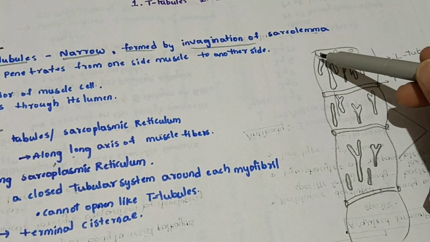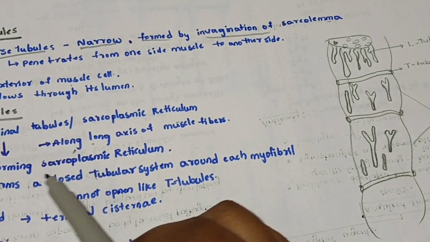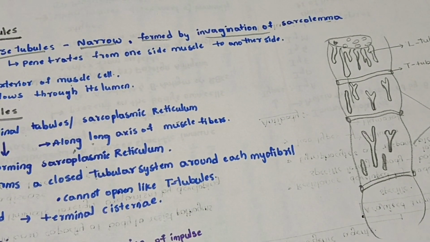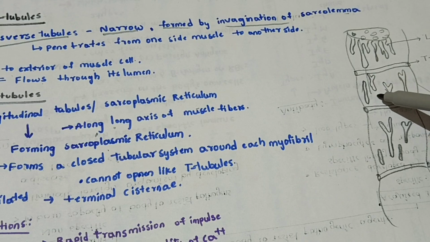These tubules are longitudinally present throughout the length of the myofibril, forming the sarcoplasmic reticulum and a closed tubular system around each myofibril.